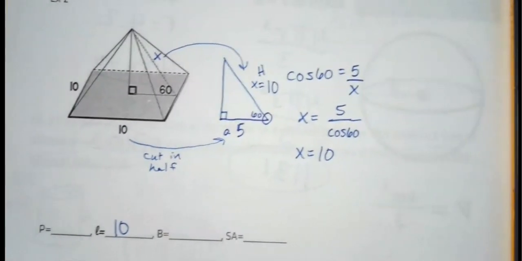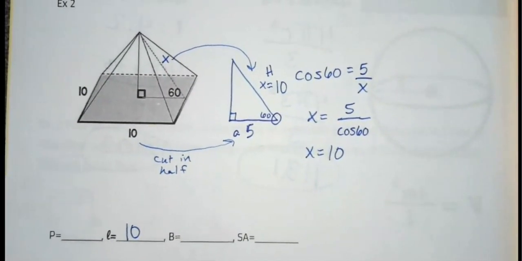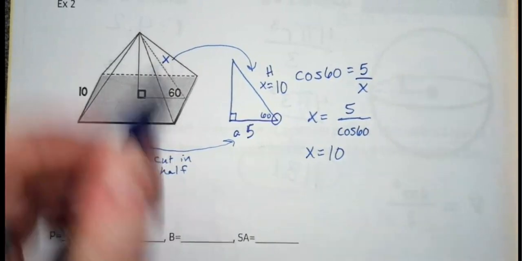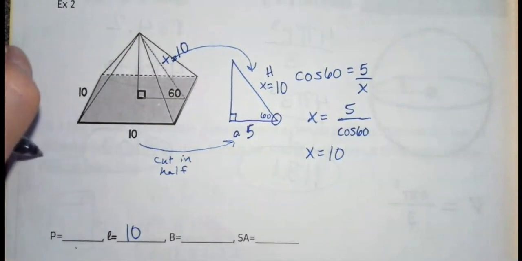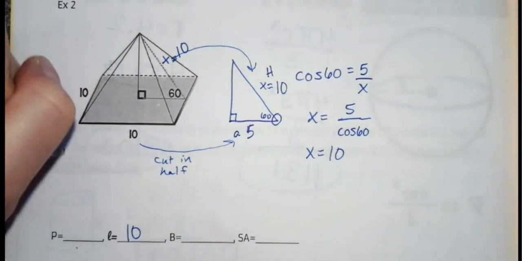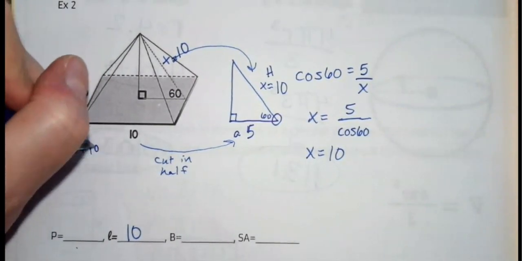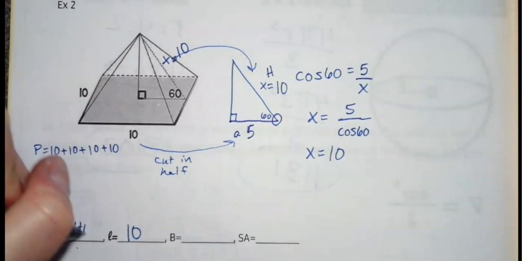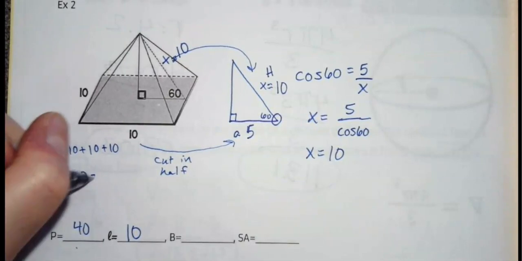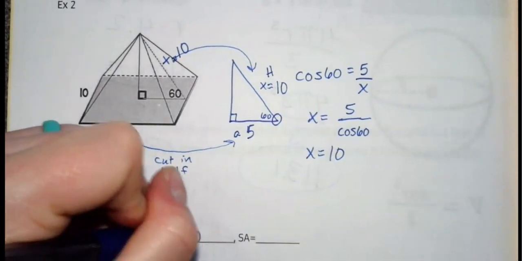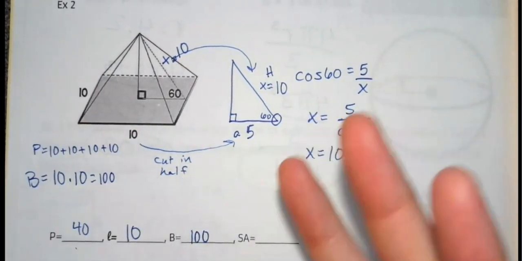Okay, so our slant height equals 10. The perimeter of our base, it is a square. So the perimeter is just 10, 4 times. So 40. The area of our base is just 10 times 10. So it's 100. It's a square.